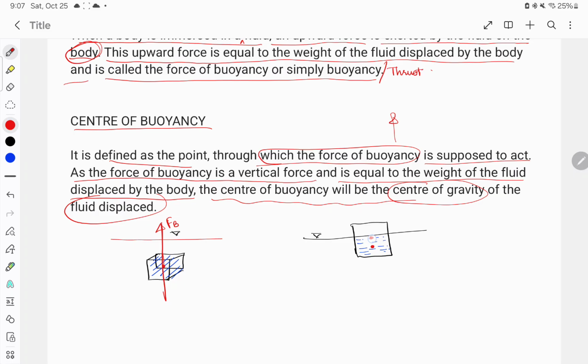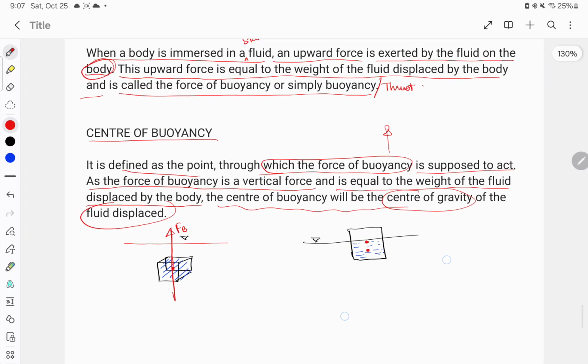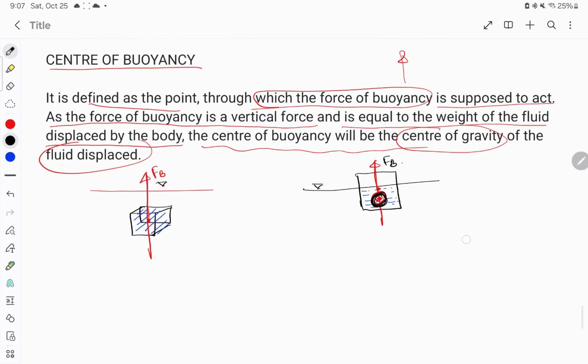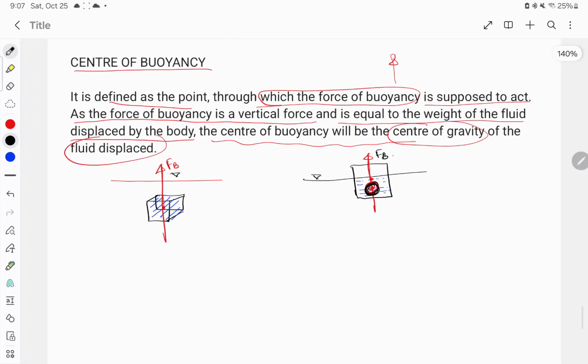So this is the center of gravity of the body, this is the center of gravity of the fluid displaced, and the force will act like this on this particular point. If I mark this in a different ink, this point. So we have to be very cautious while applying the buoyant force: it acts not on the center of gravity of the body, but on the center of gravity of the fluid displaced.